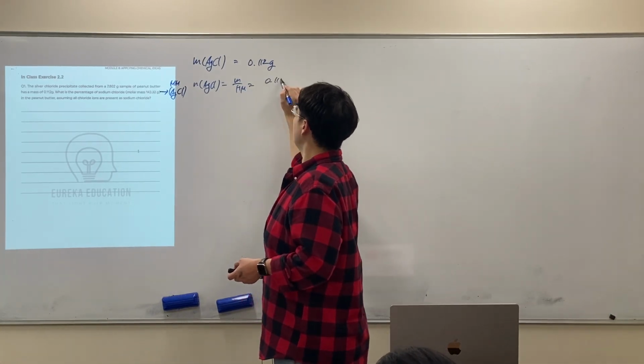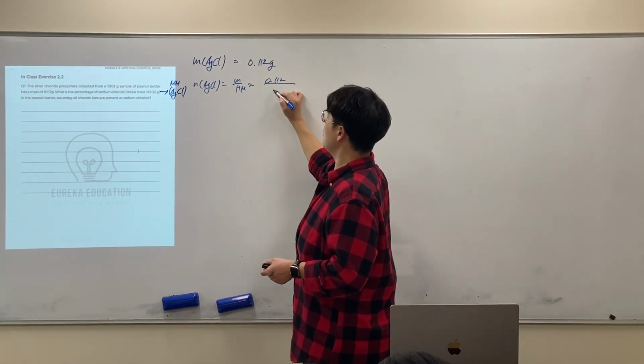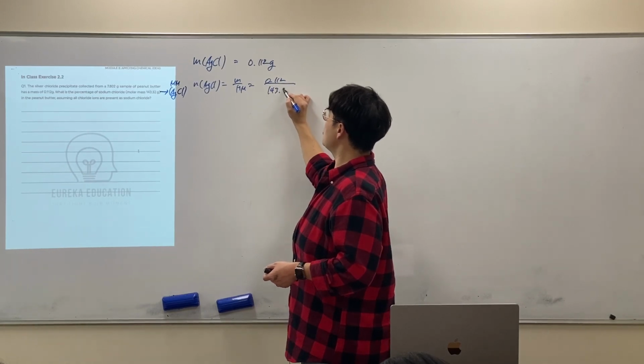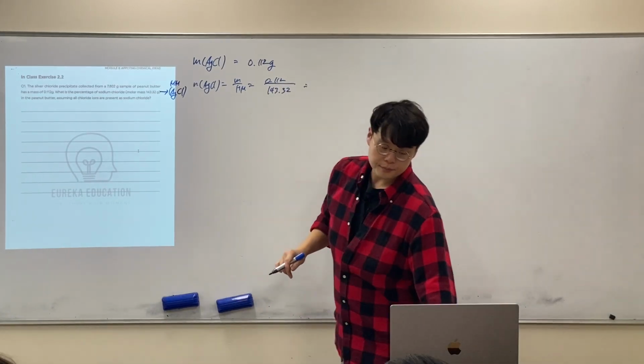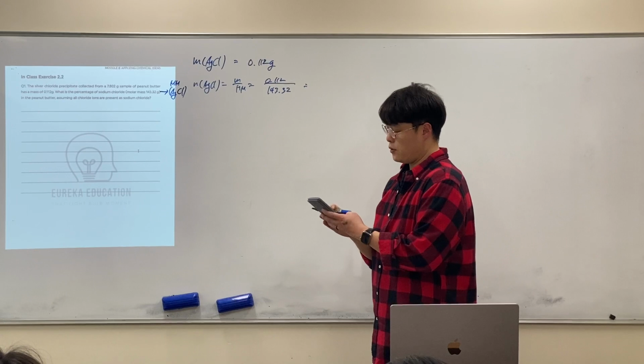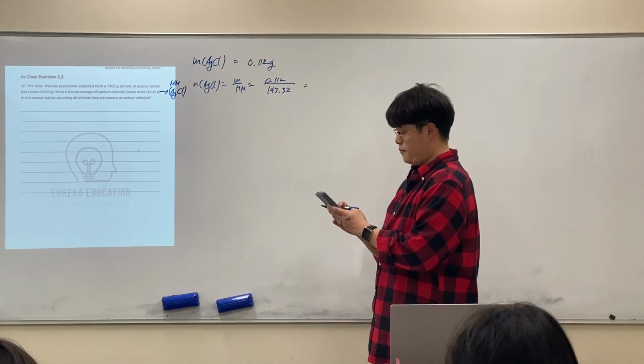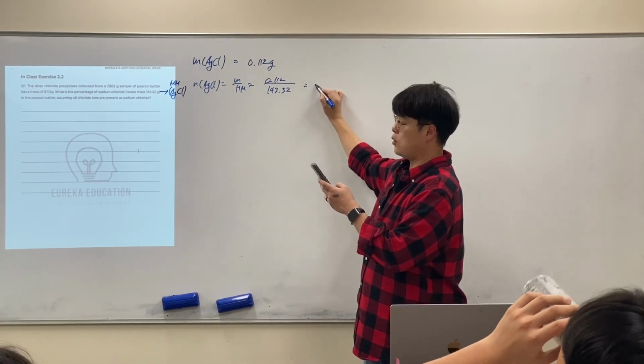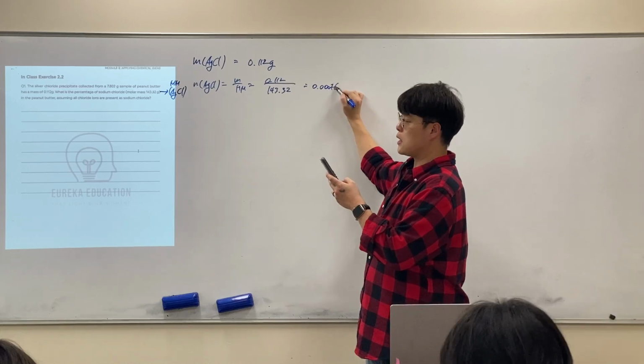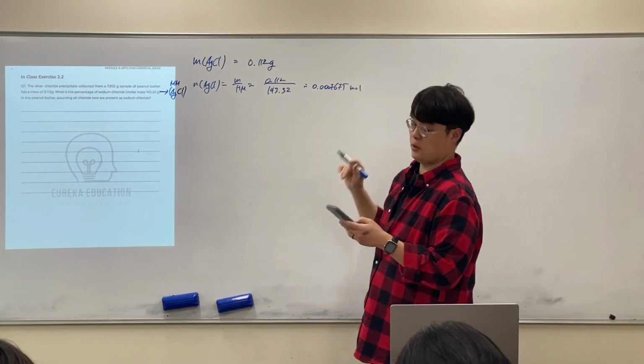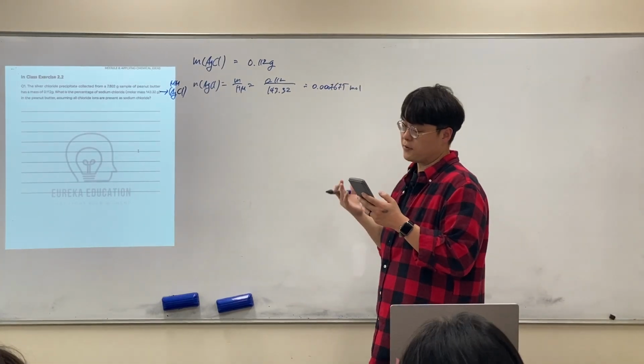That's 0.112 divided by the given molar mass value, 143.32, to get 0.007675 mole, or simply 7.675 times 10 to the power minus 4.